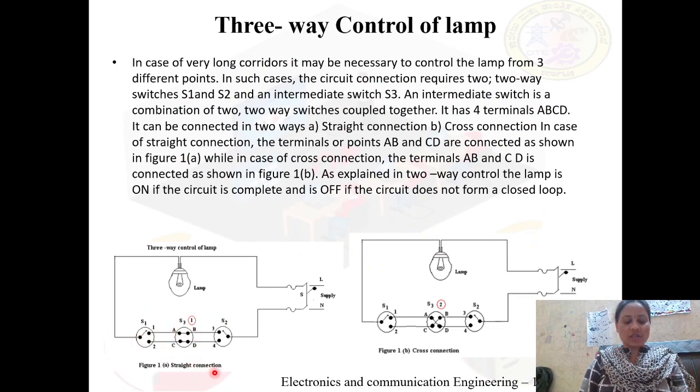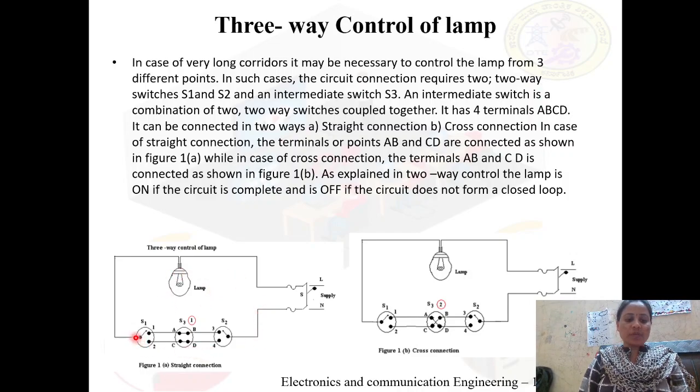Having S3 in the straight connection mode, we keep S1 at 1 itself and bring S2 to 4. This wire goes to 4, D, C and then 2, but S1 is pointing at 1. There is an open path and the lamp will be off because the current will not flow.